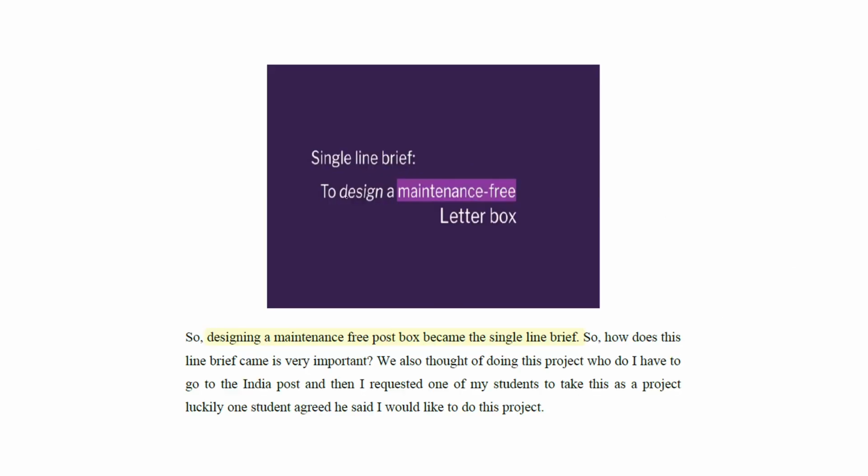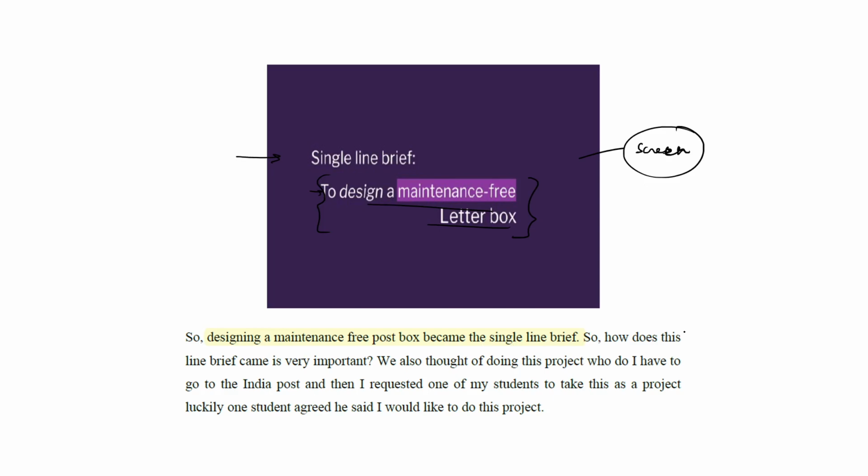Let me show it to you. Yeah. The single line brief was to design a maintenance free letterbox. In the video content, you will see this screen of coming up with a maintenance free letterbox. Designing a maintenance free letterbox became the single brief. So this single brief is very important. We also thought of doing a project and I requested one of the students to take this.